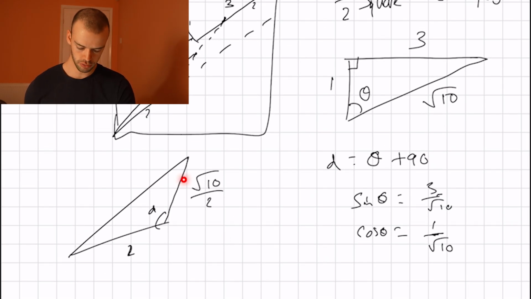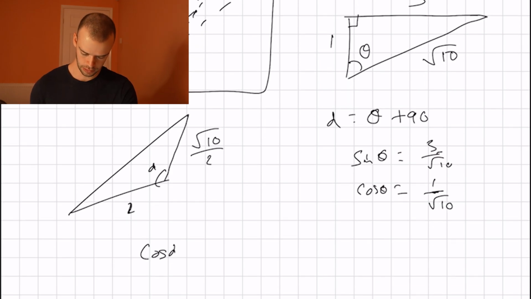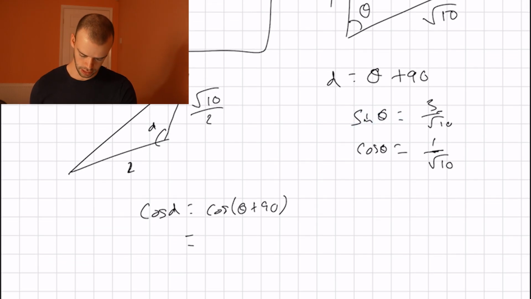Now, to use the cosine rule for this triangle, I need to know what cos alpha is. Okay? And cos alpha, we can swap this alpha for theta plus 90. Cool. Now I can use the addition formulas for cosine. So using those, this is equivalent to cos theta cos 90 minus sine theta sine 90.